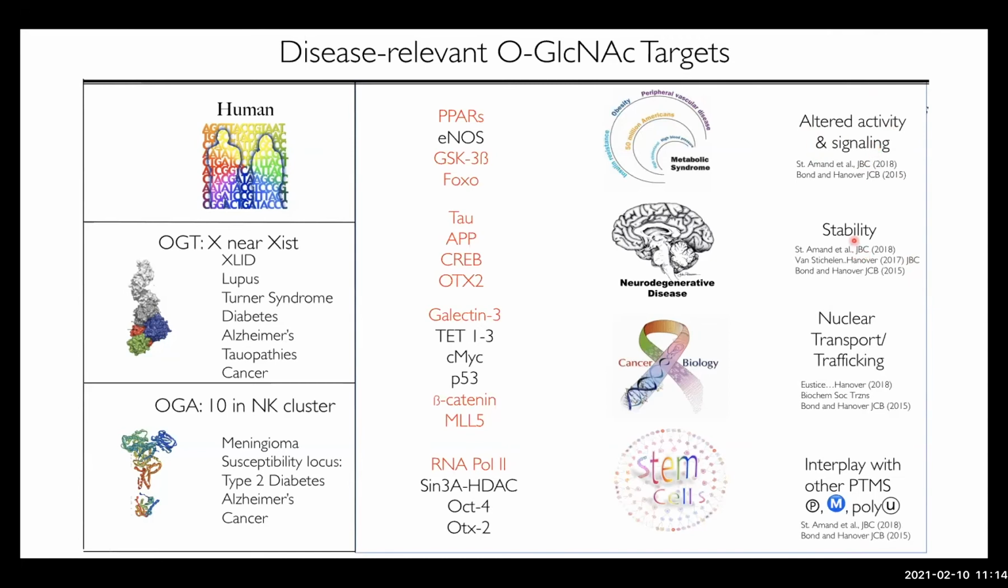It can alter the stability of proteins, particularly those associated with neurodegeneration. It can impact nuclear trafficking and transport, and exhibits a very complex interplay with many other post-translational modifications, including phosphorylation, methylation and polyubiquitination.